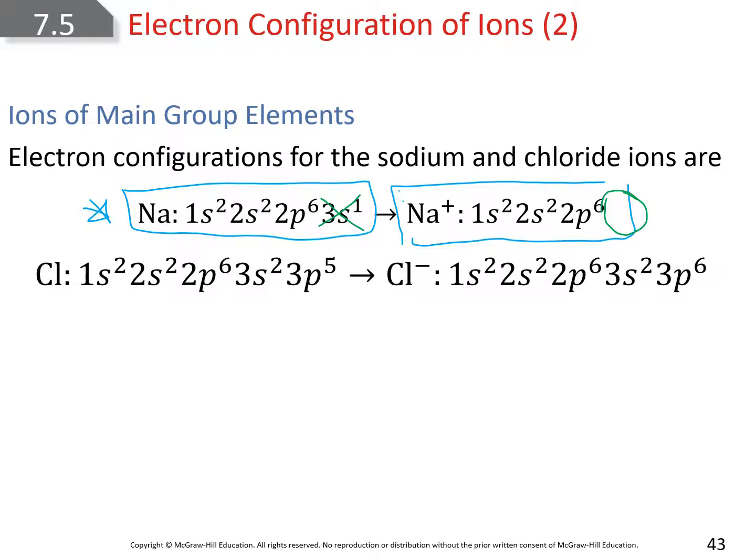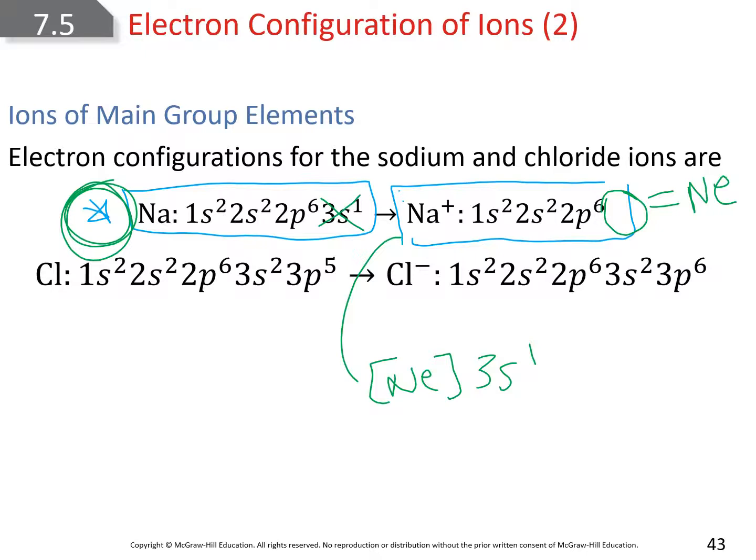This sodium ion, if you look at your periodic table, has the exact same electron configuration as neon. This is why in our core notation, we can say neon 3s1 for neutral sodium. Once neutral sodium loses that 3s1, we're left with just neon. So neon and the sodium ion, or sodium cation, are isoelectronic. They have the same electron configuration.